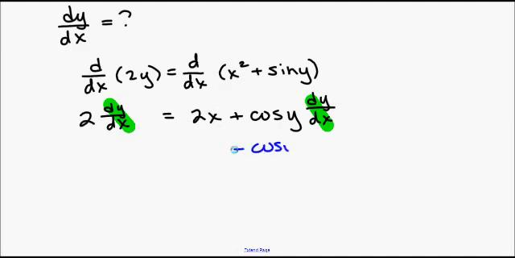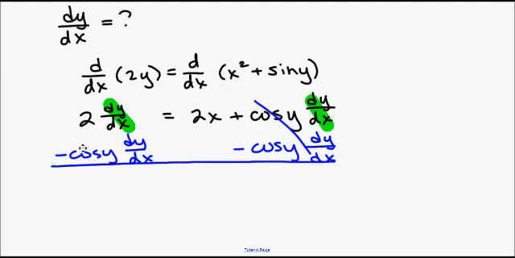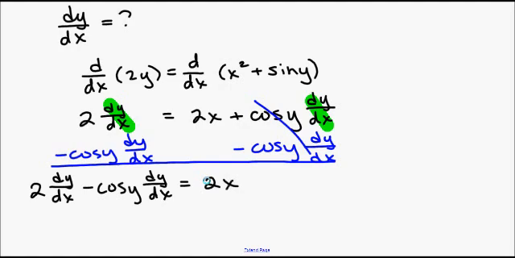So let's subtract. These cancel. Okay, so we have 2 dy/dx minus cosine y dy/dx equals 2x. And since I do have this common term, I can factor that out.